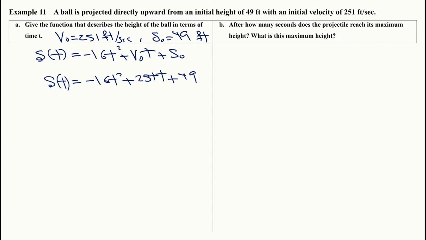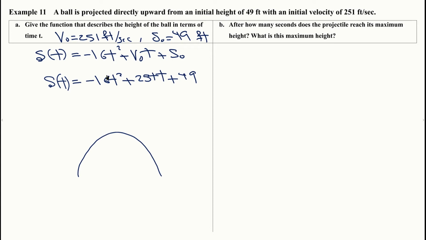And then we want to know after how many seconds does the projectile reach its maximum height. Now, if you look at this quadratic equation, notice that it's going to describe an upside down parabola, right? The unhappy face. Of course, because of that 16, it's not going to quite look like that if drawn to scale.